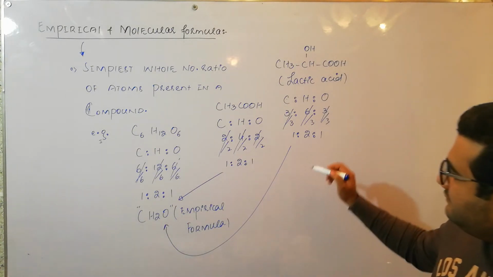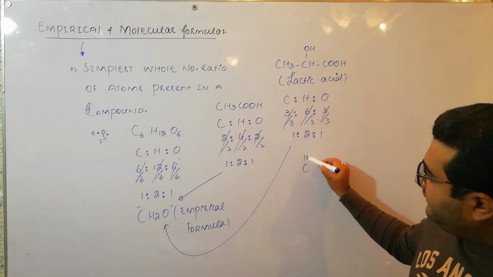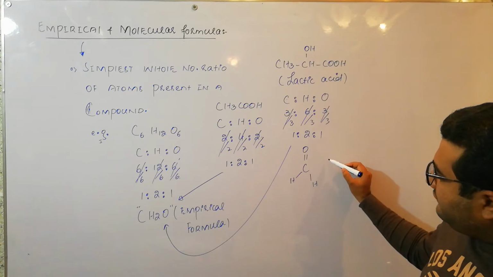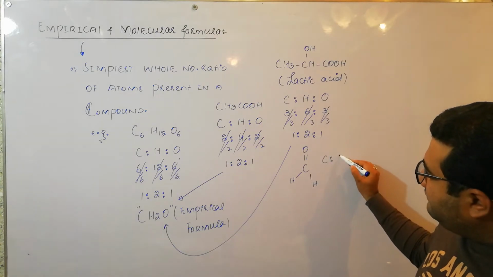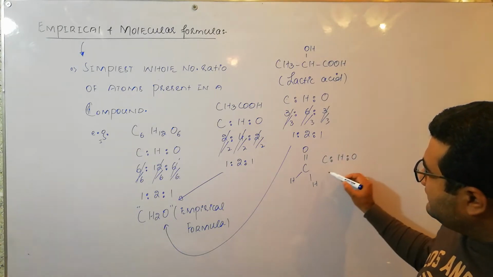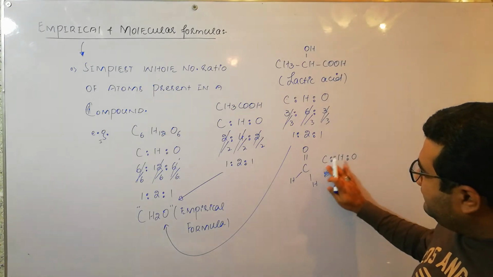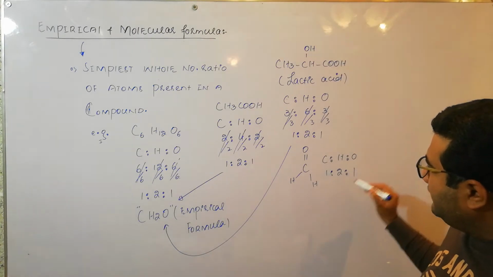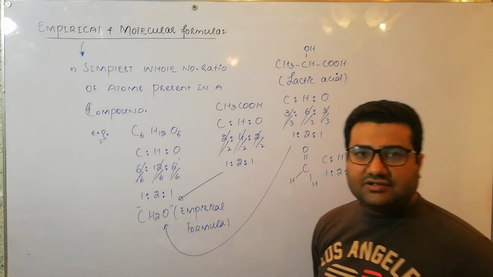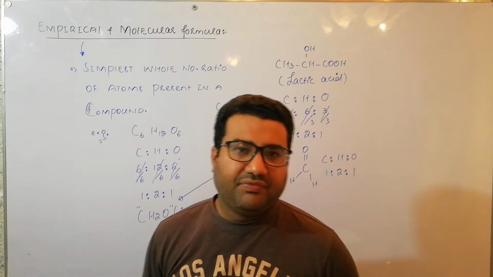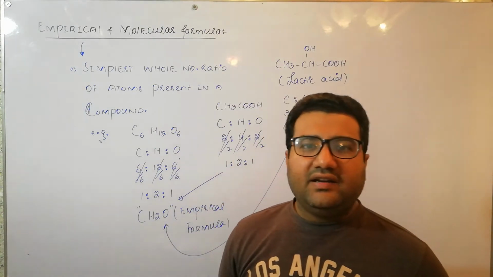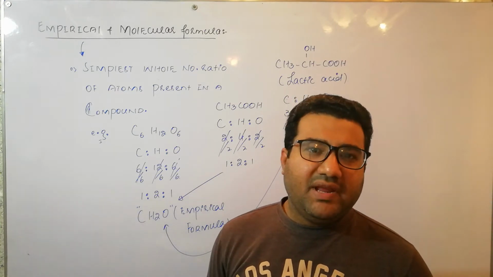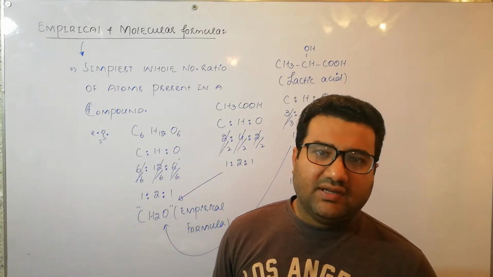Let's take another example, that is formaldehyde. In case of formaldehyde, the ratio between carbon, hydrogen and oxygen is 1 ratio 2 ratio 1. So its empirical formula will also be CH2O. It means that two or more than two compounds of different molecular formula may have same empirical formula.